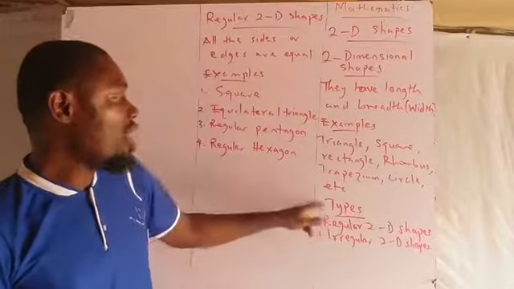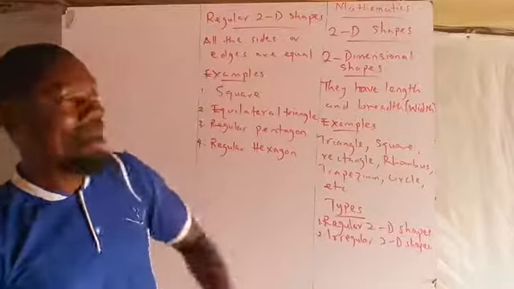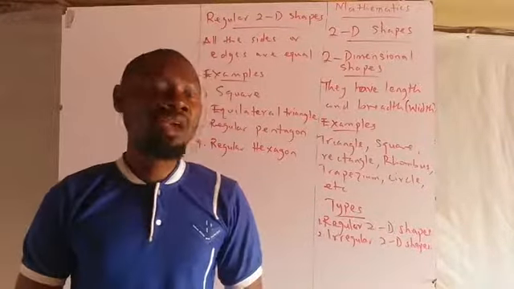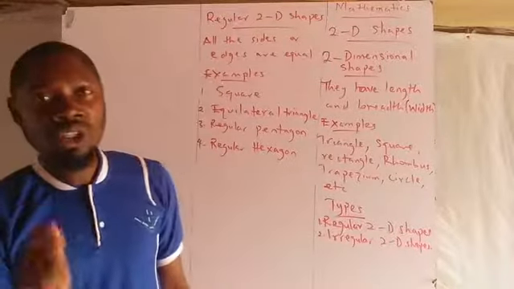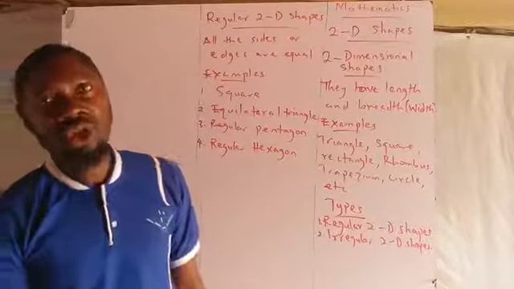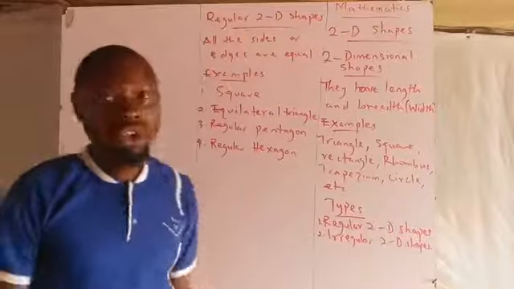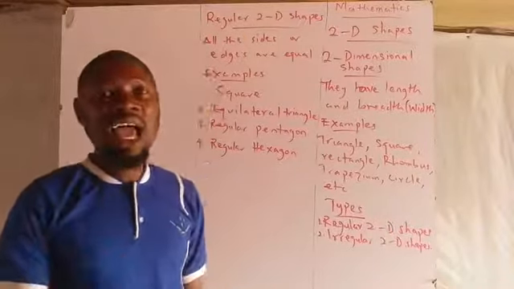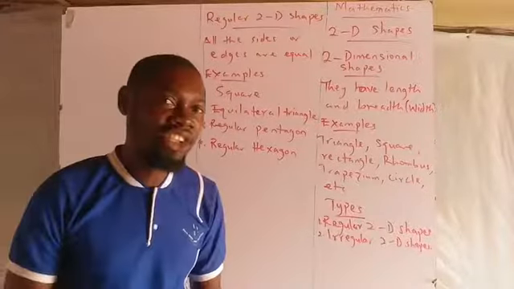We have the regular and the irregular two-dimensional shapes. Regular two-dimensional shapes have all the sides or edges equal.